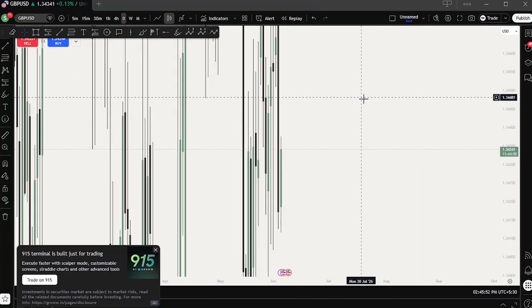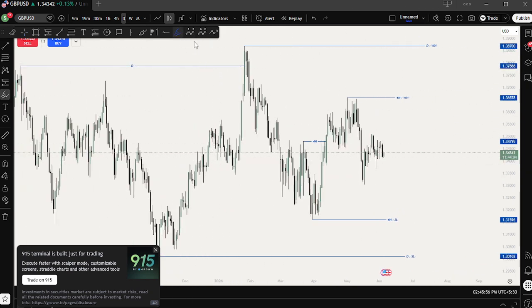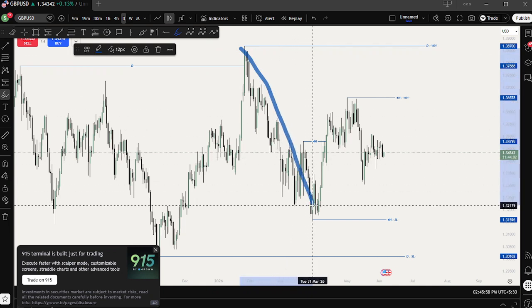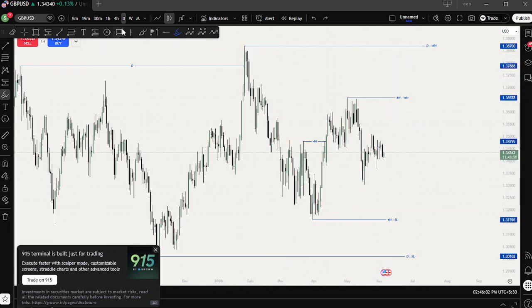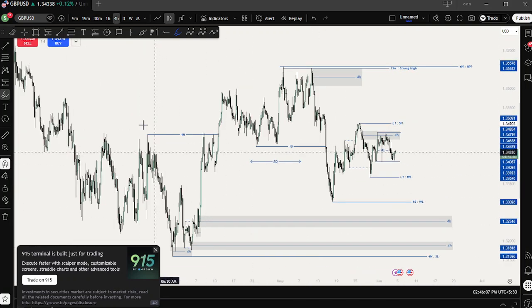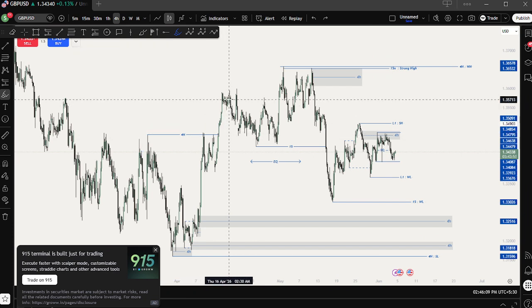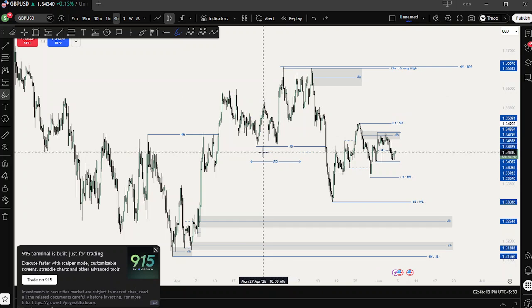Let me just recap. So what happened? We had this 4-hour breakout structure. After that, we had this pullback. Now we are currently in the continuation phase on the 4-hour. We have this amazing breakout. By the way, I checked, none of these qualifies for the pullback that I had.